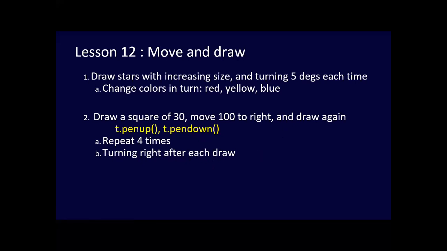Okay, so today what we learned was changing color, how to change colors, and also how to move with pen up and pen down. By the way, pen up can be also written as just up and down. Okay, homework. Do the same with triangle and star.